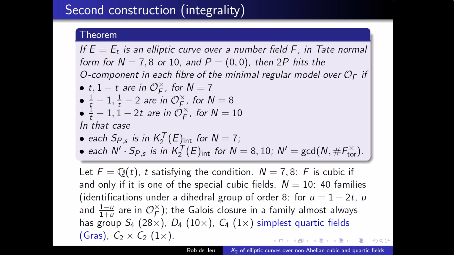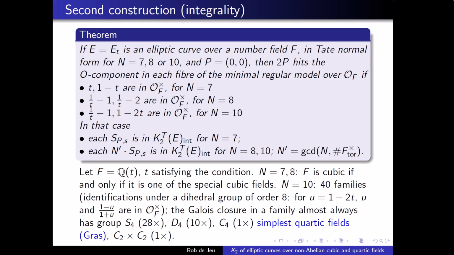Okay, so if you look at what happens for n equals 7 and 8, you are forced, if you use a cubic field, to use one of the earlier special cubic fields. And then for n equals 10, you can get 4 elements, so we want to have a quartic field. And then you also get a relation, which is that if 1 minus 2t is a unit, then either one is a unit there.